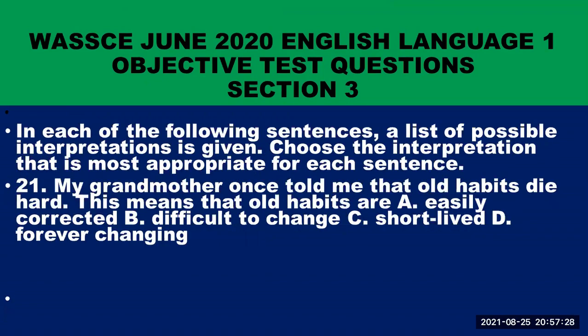section 3. In each of the following sentences, a list of possible interpretations is given. Choose the interpretation that is most appropriate for each sentence. Now, when you are interpreting sentences, you need to understand a number of principles. The first one is imagery.